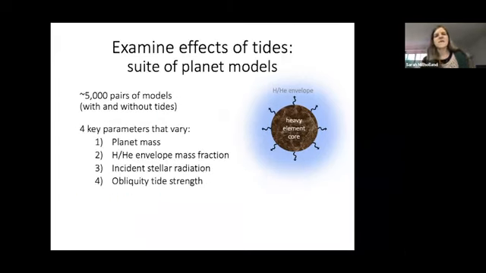To get a sense of how much these obliquity tides affect planet radius, we ran a large suite of planet models, a Monte Carlo over different key parameters, such as the planet mass, the amount of mass in the hydrogen and helium envelope, the strength of the incident stellar radiation, and the strength of the tidal heating.